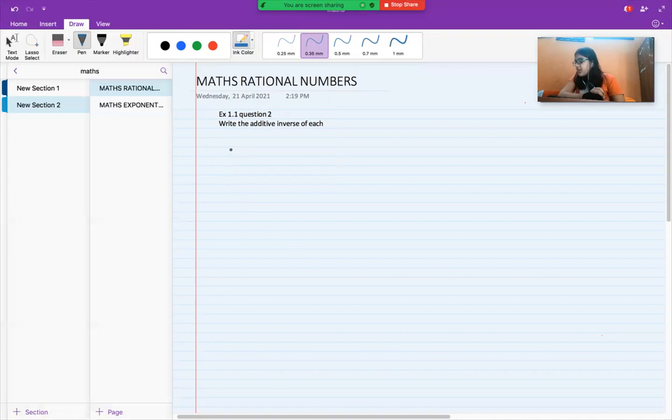Yeah. So rational numbers are closed under operations: addition, subtraction, multiplication.